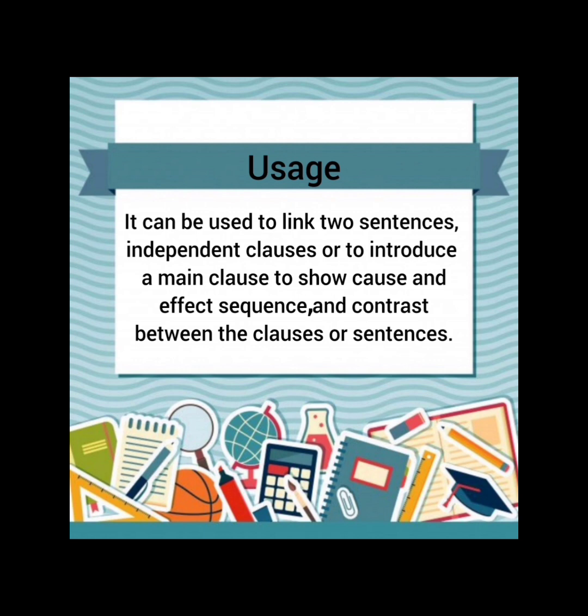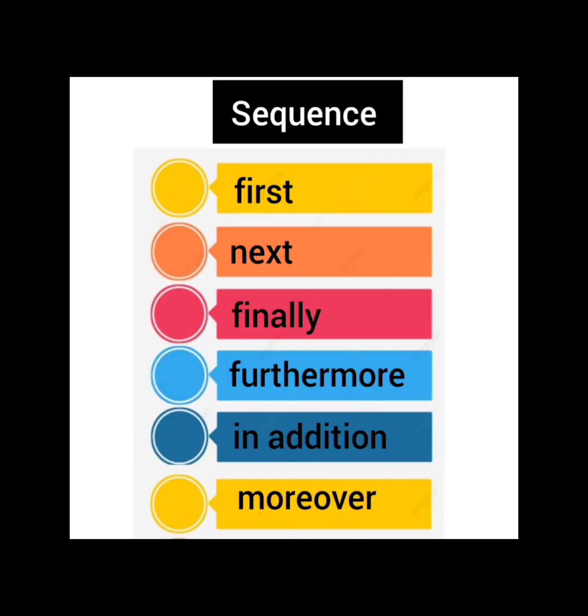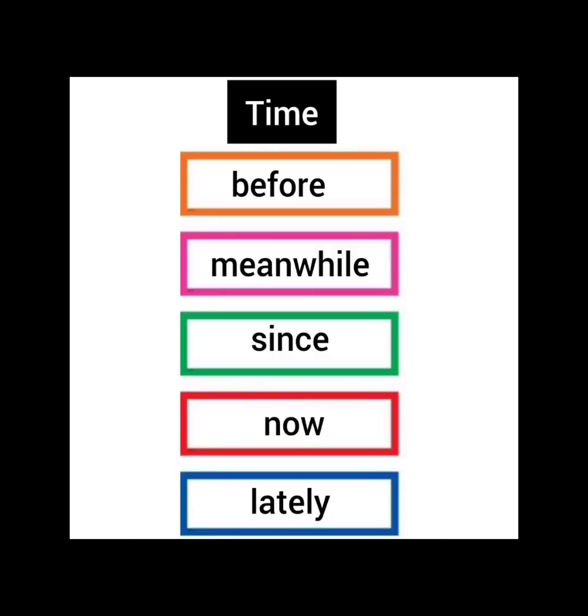When we are supposed to use different conjunctive adverbs for sequence, here are first, next, finally, furthermore, in addition, and moreover. Then for time, conjunctive adverbs are before, meanwhile, since, now, lately.